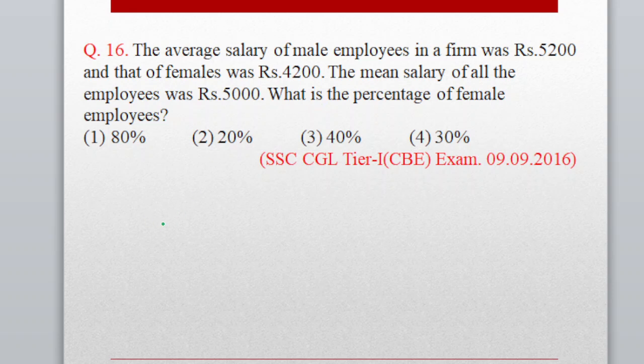What is the percentage of female employees? Now here male, female, the average salary of male employees is 5,200. That of female was 4,200. The mean salary of all the employees was 5,000.